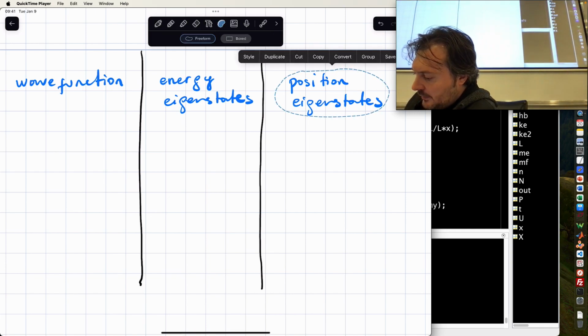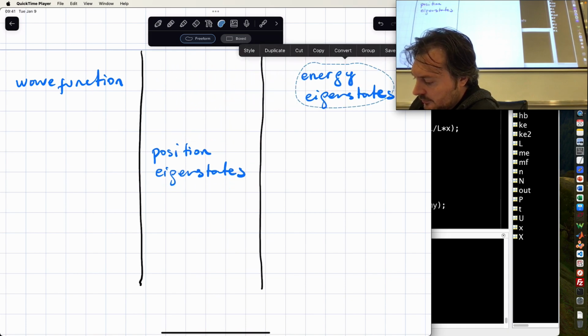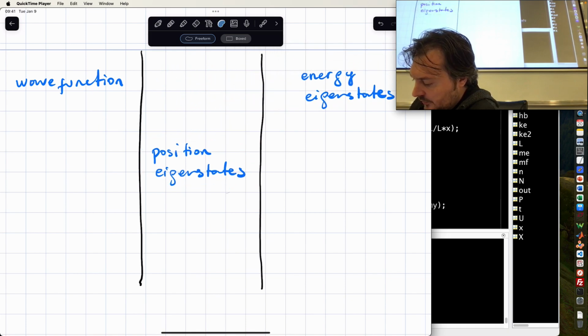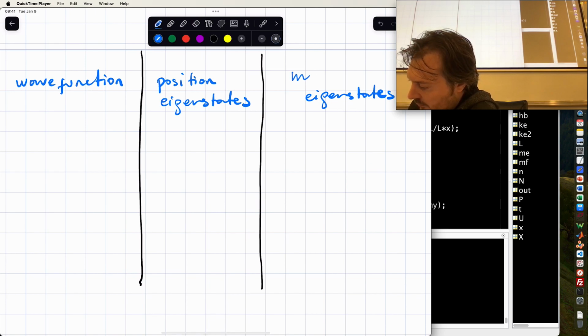So let me move back position eigenstates in here. Then this one could be momentum eigenstates. Okay.